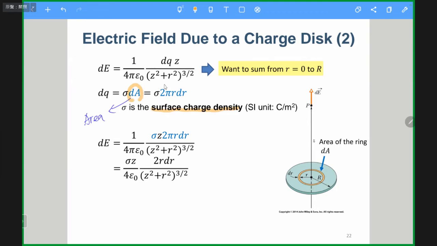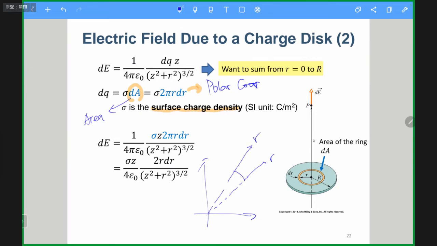And then this part is related to the polar coordinate. Okay, so this is dA. In the polar coordinate, of course, you have the r-axis towards different directions.